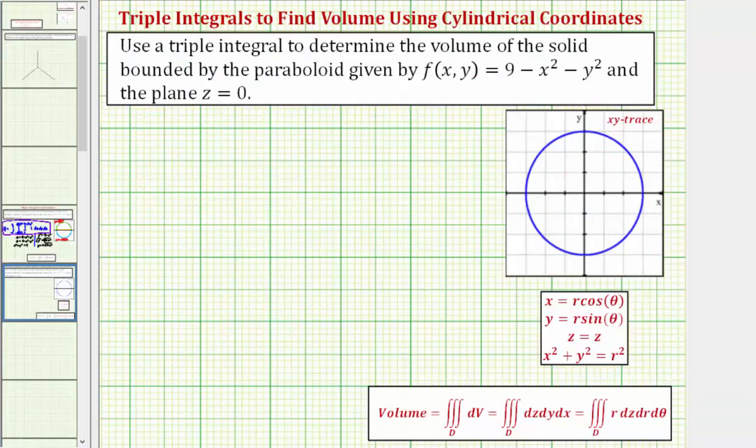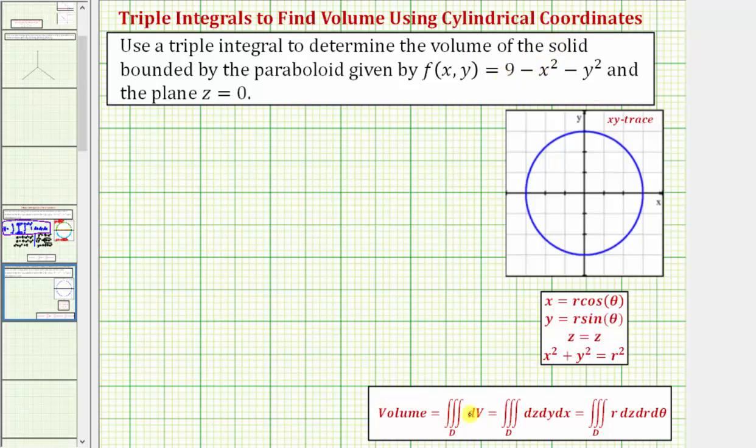To find the volume, we need to evaluate this triple integral here, where we have the triple integral over the region D. Notice how the integrand function would just be 1, and the region D would be the solid region we're trying to find the volume of.